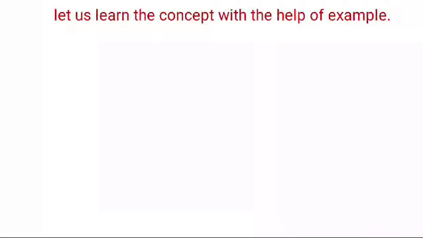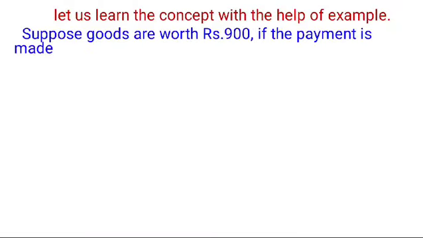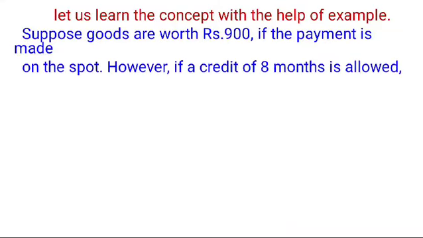For that we will take one example to know the terms better. Suppose we take goods worth 900 from a person. If we make the payment on the spot, then we have to pay only 900 rupees.